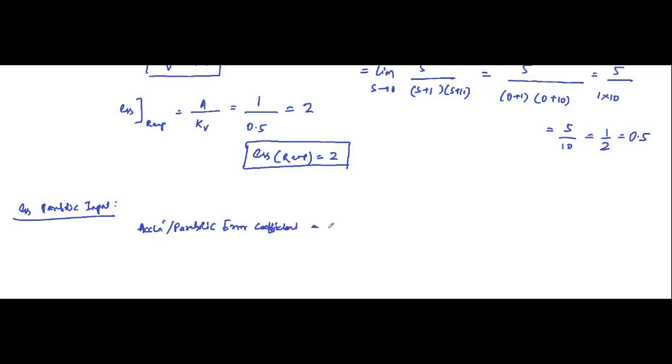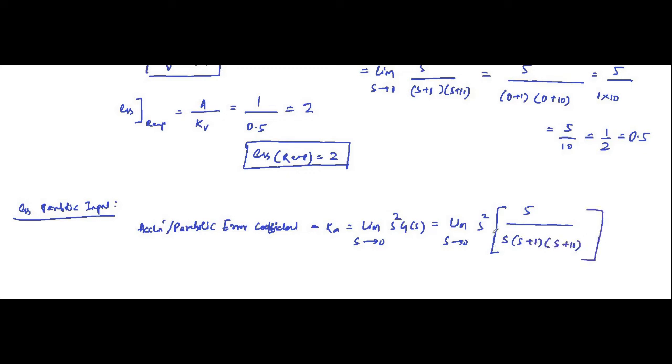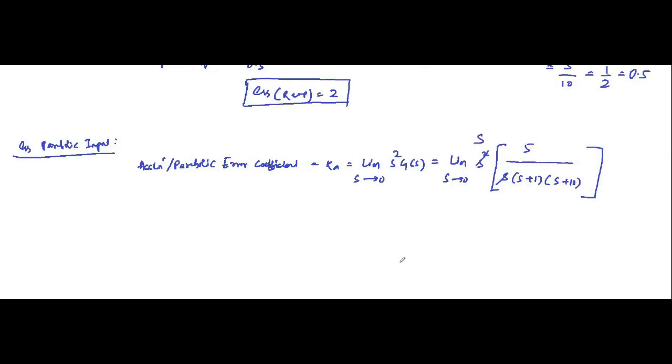That is equal to Ka, limit s tends to 0 of s square G(s), which is equal to limit s tends to 0 of s square into 5 by s into (s plus 1) into (s plus 10). So here it will be s in the numerator, then we'll substitute every s with 0.